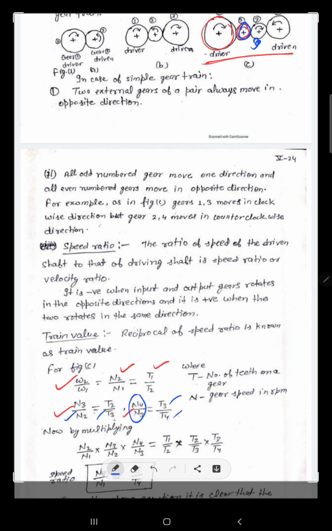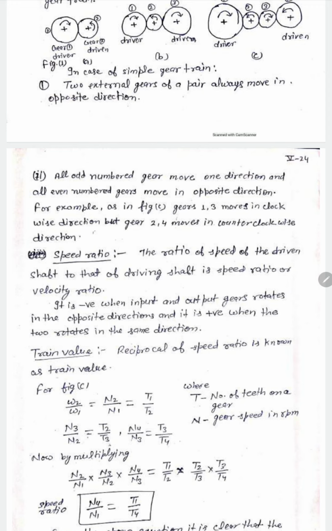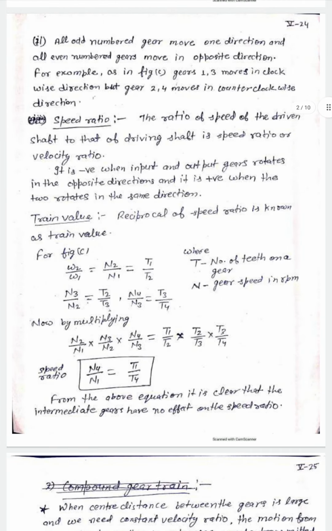So by multiplying, we can write N2 upon N1 into N3 upon N2 into N4 upon N3 is equal to T1 upon T2 into T2 upon T3 into T3 upon T4. So this is the equation that we get.